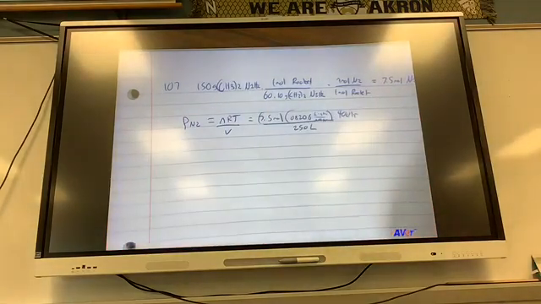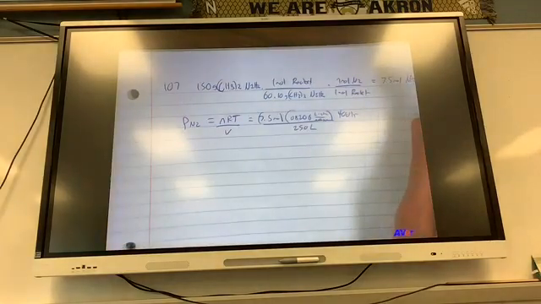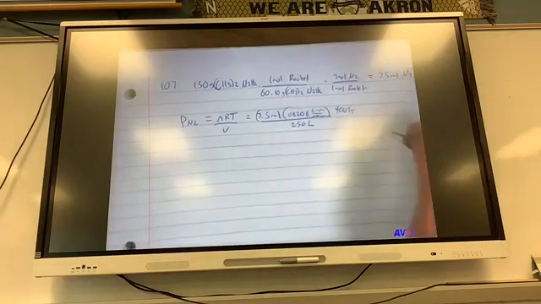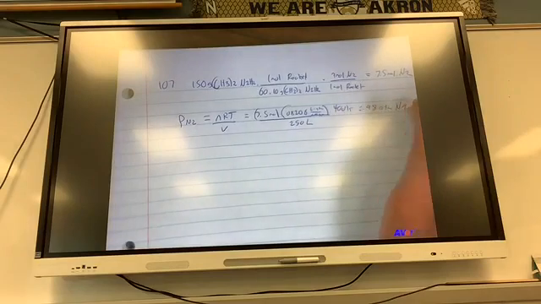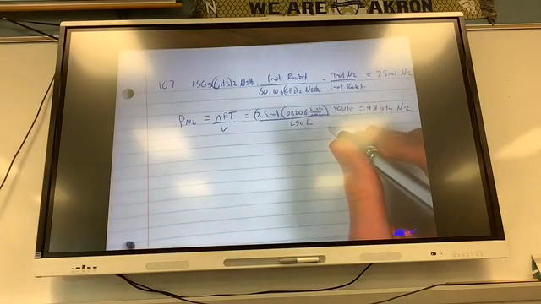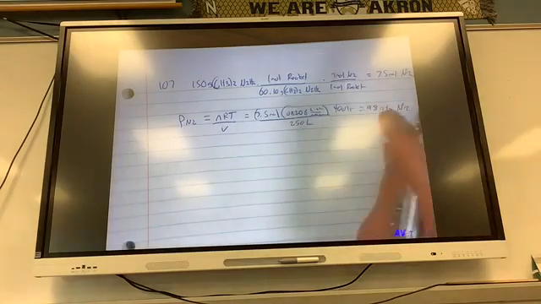Any questions about where any of those numbers came from? So this gave me 0.98 atmospheres of N2.